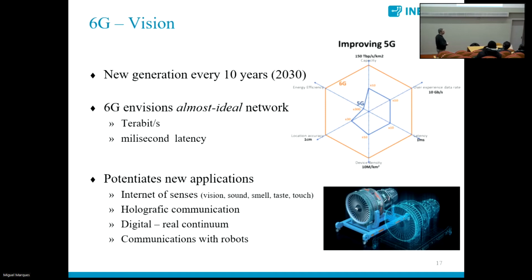And then we'll enable a set of applications that are difficult to imagine. For instance, something which is often discussed is this Internet of Senses, in which we can provide information besides sound and vision, and will enable us to interact in real time with other objects.